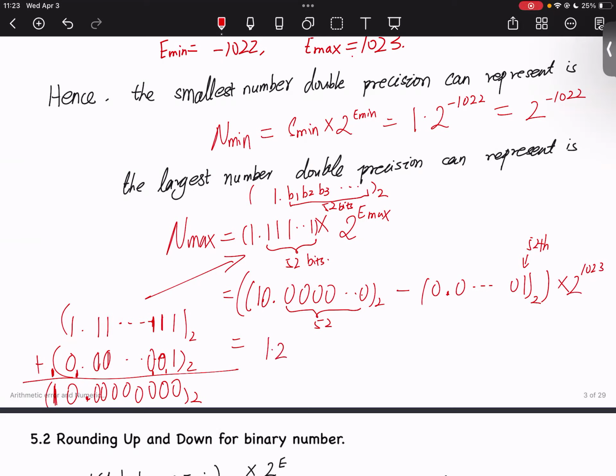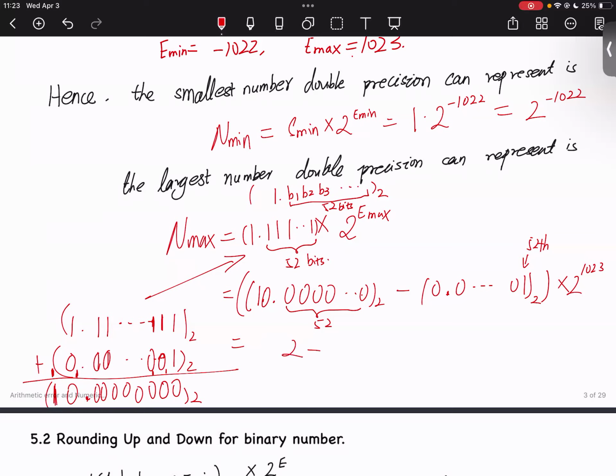And what is the exponent here? The exponent here represents the power of 1, and this one represents the power of 2, 0, 0. So we have just 0 times this here. And this is the base 10 number. So this is 2 to the power of 0, and then it is just 2.